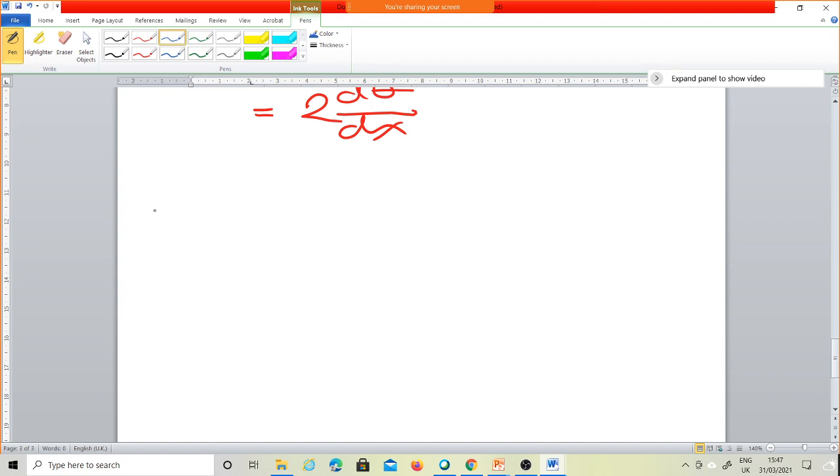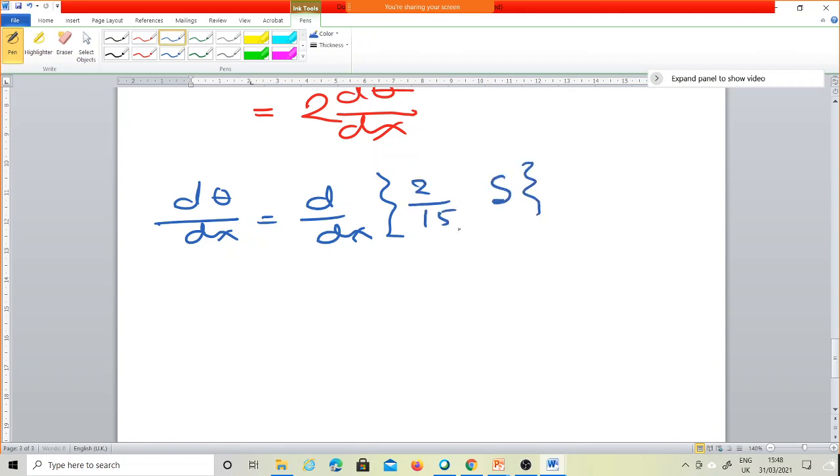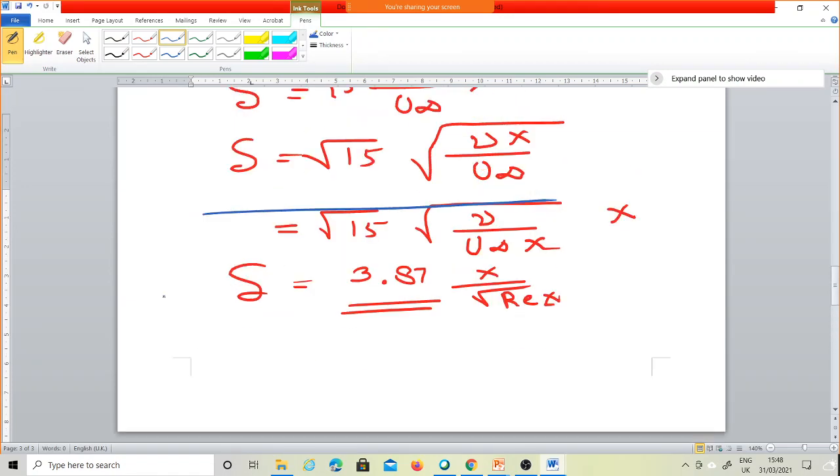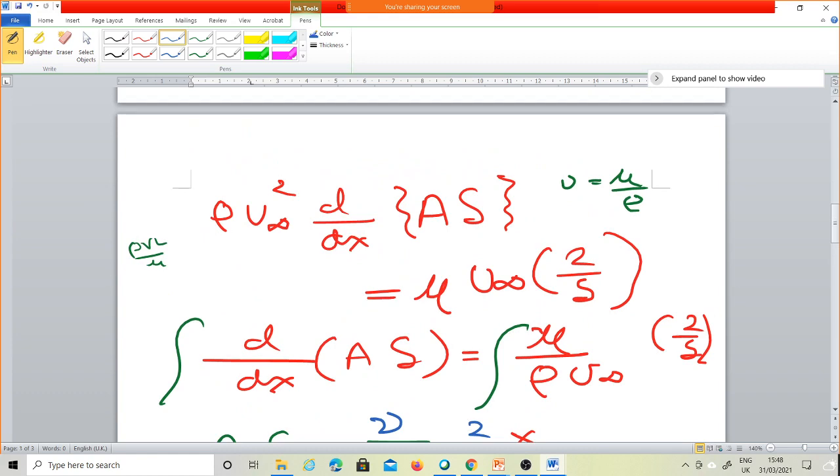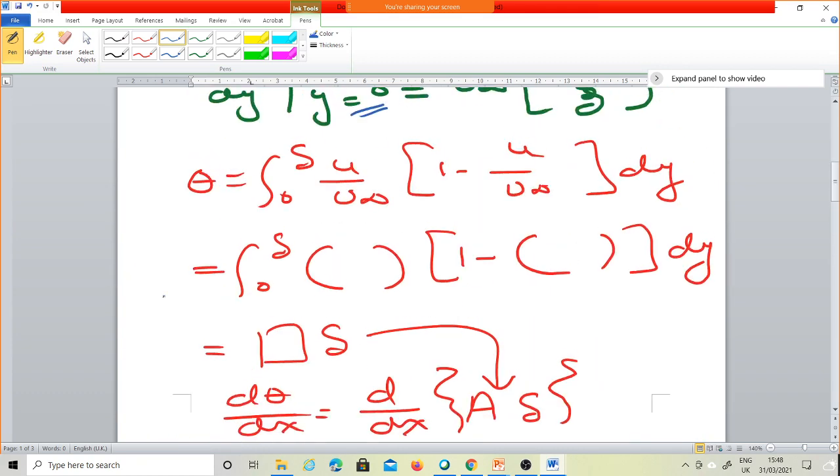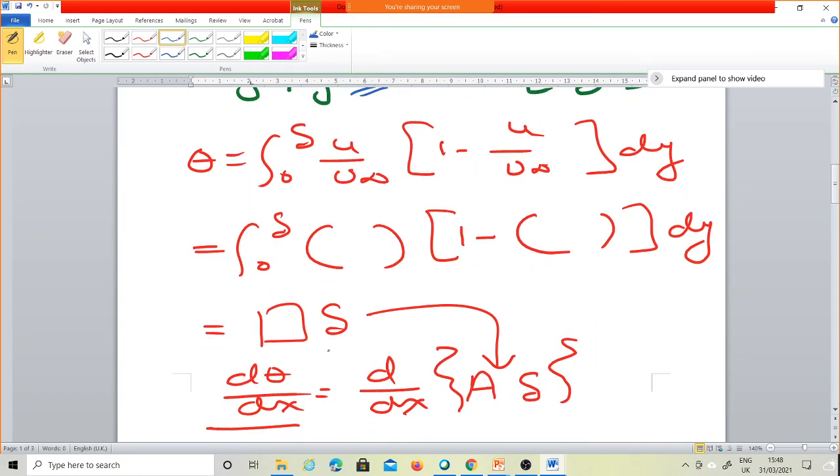In this case, your d theta by dx, what we did last time, if you remember, we put theta in terms of delta, right? So theta in terms of delta, what did you get? For example, you got 2/15 of delta. How did you get it? You go back, you just put u by u infinity equal to y by delta and you integrate. So that's how you will get d theta by dx.